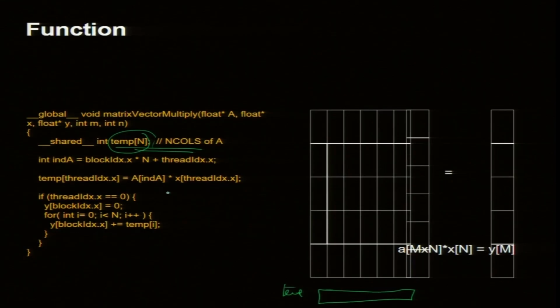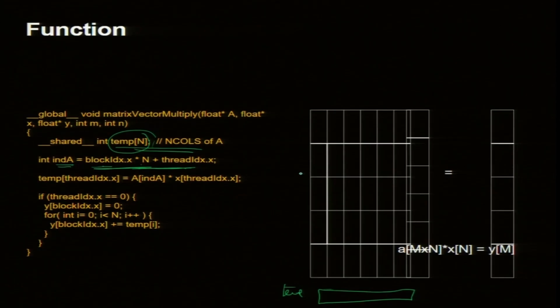First get the index of A, exactly like what I did before: block index multiplied by n plus thread index. Is it clear to all of you? The block index is I for me. So, I star n plus thread index is j.